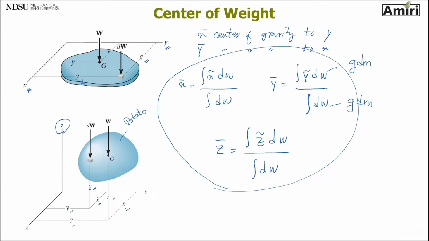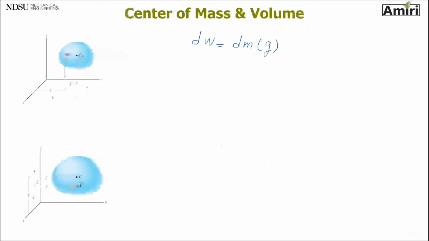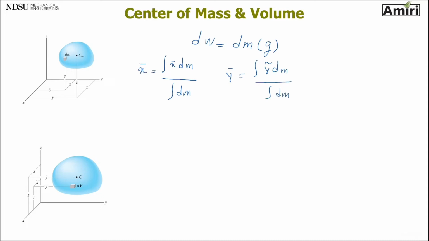G is a constant, and it gets taken out of the integral and then cancels out. So what I'm left with is x bar, integration of x tilde dm over integration of dm. Y bar, y tilde dm over integration of dm. Z bar, z tilde dm over integration of dm.